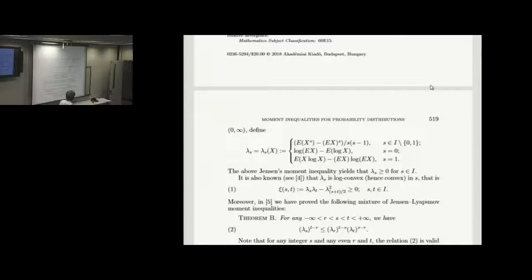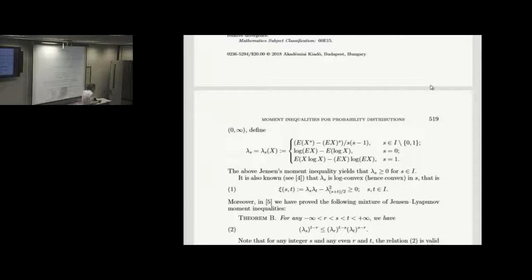So the first property is that lambda is always positive. And the second important property is that lambda is logarithmically convex in s. What does it mean? We say that a function is logarithmically convex if its logarithm is convex. Is it clear?